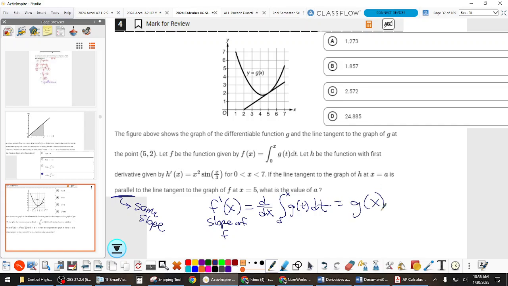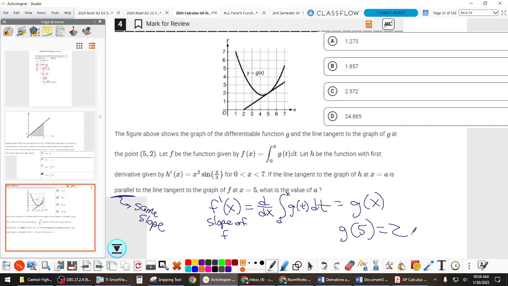So our slope of f is g of x, and it wants x equals 5. So g of 5 is 2.